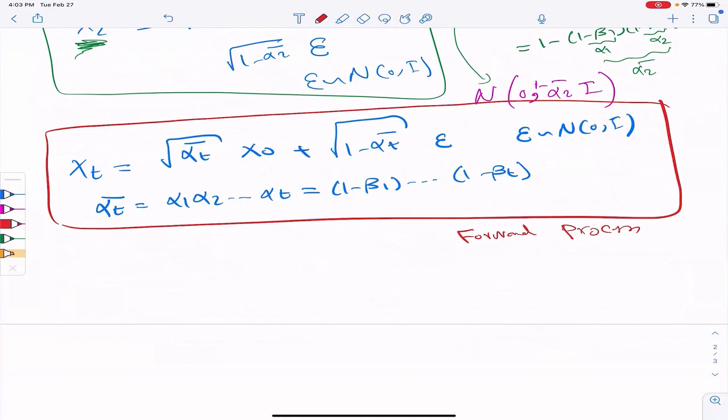Okay, so let's look at these combined alphas. So alpha i, what is the range of each alpha? Can an alpha i be like 1,000 or negative?